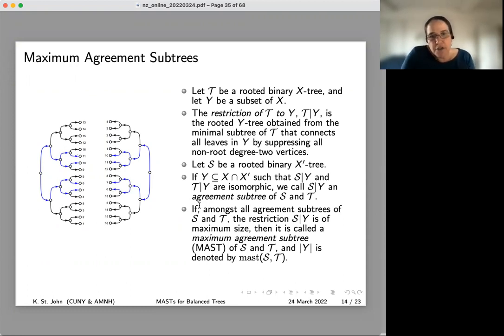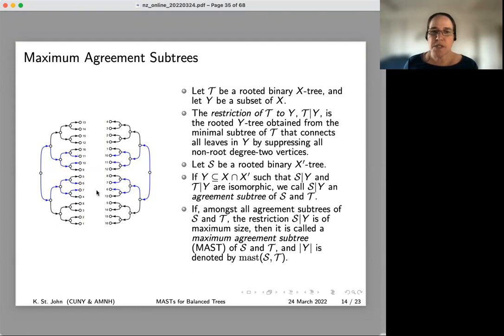So if among all the agreement subtrees of S and T, the restriction of S to Y is the maximum size, then we'll call it the maximum agreement subtree, or MAST of S and T. And the size of Y is denoted by MAST of S and T. Okay, so this is just formally the notation that we're going to use for showing things.